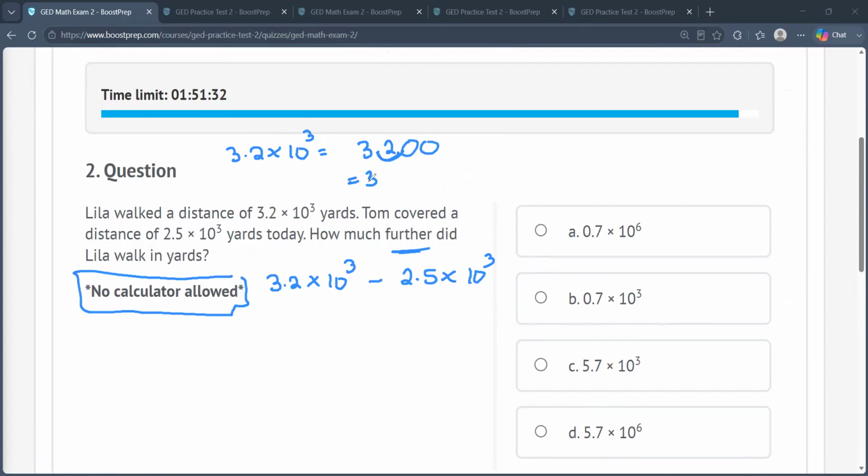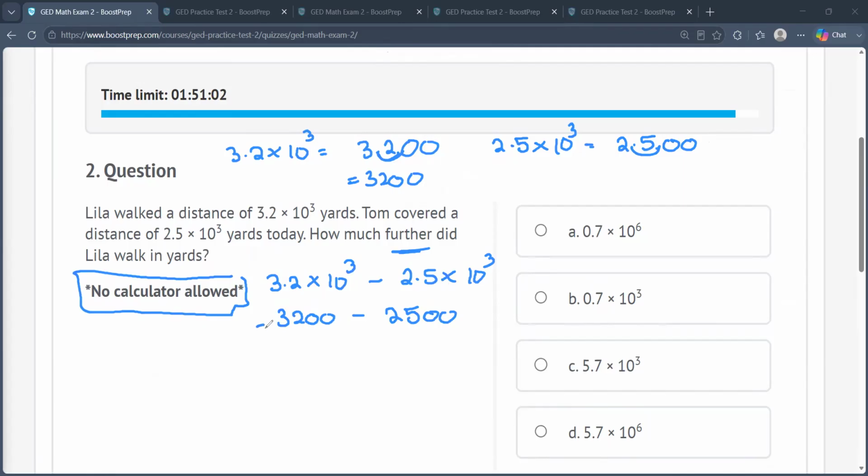So that would be 3,200 minus, and then how to convert 2.5 to non-scientific? Really simple. You just move the decimal 3 units to the right. So that'd be 1, 2, 3, right? So that would be 2,500. You could just do this easily, 3,200 minus 2,500.